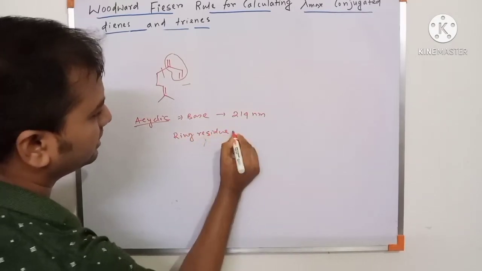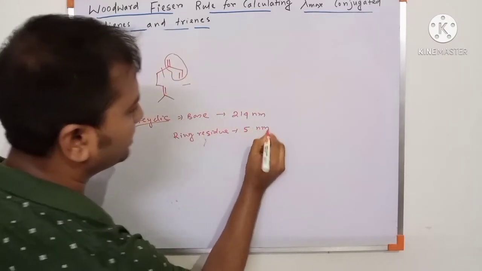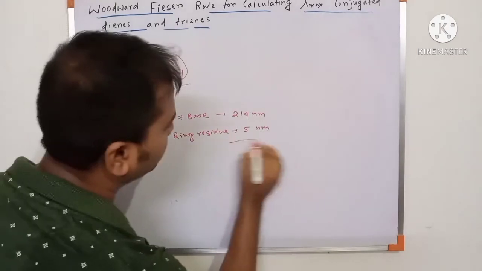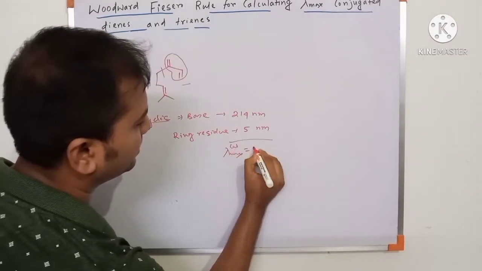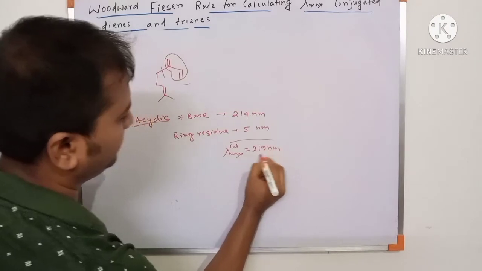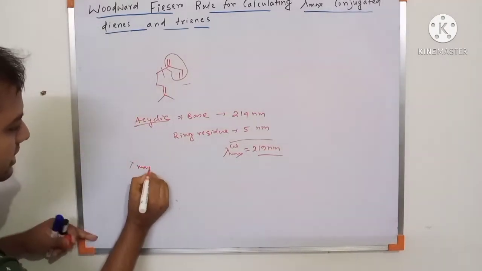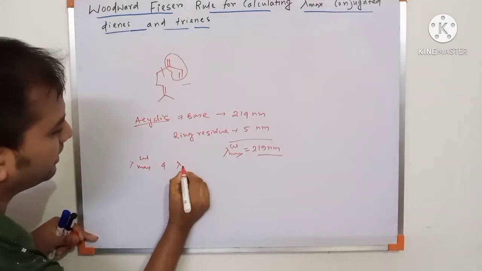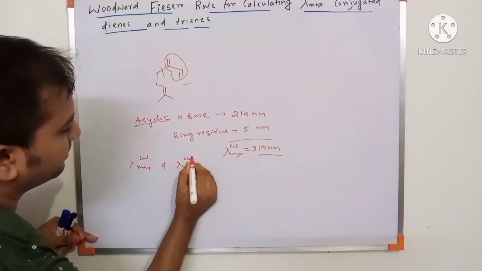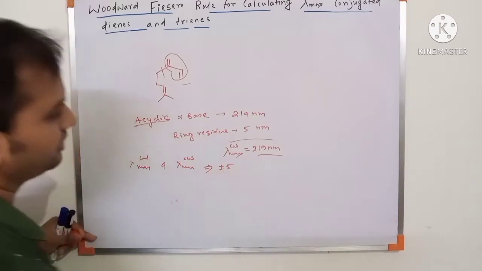So this is 5 nanometer. The calculated value of lambda max is 219 nanometer. But remember, the difference between lambda max calculated and lambda max observed is plus or minus 5.